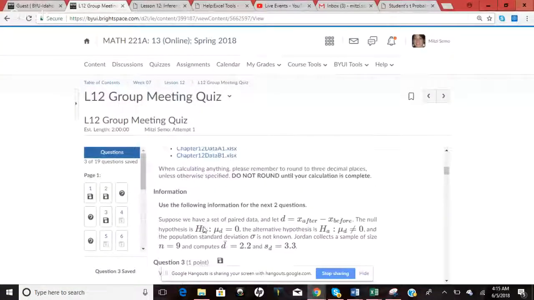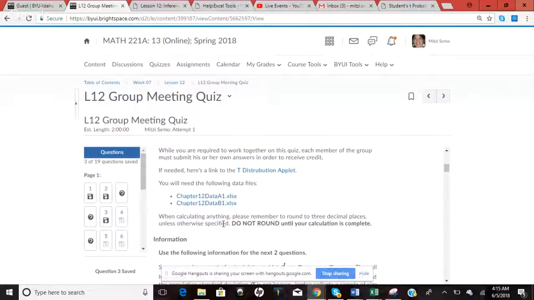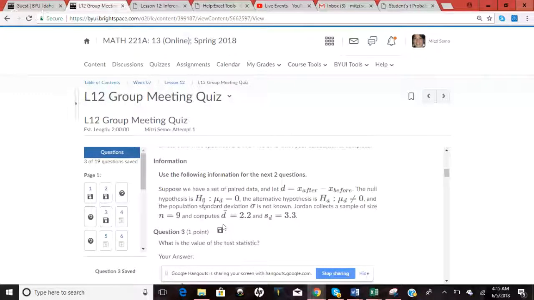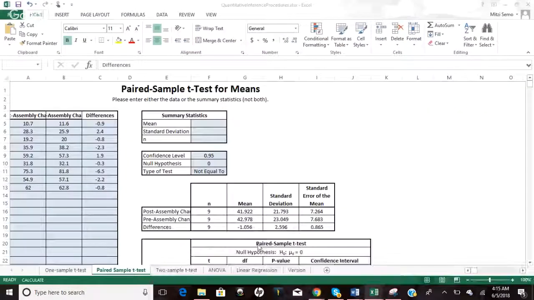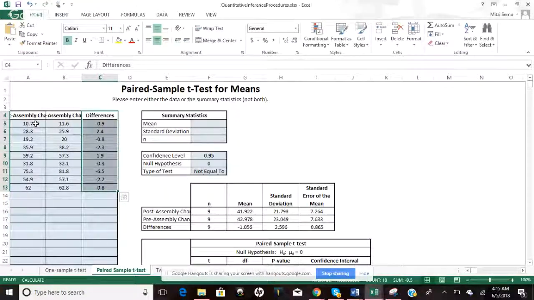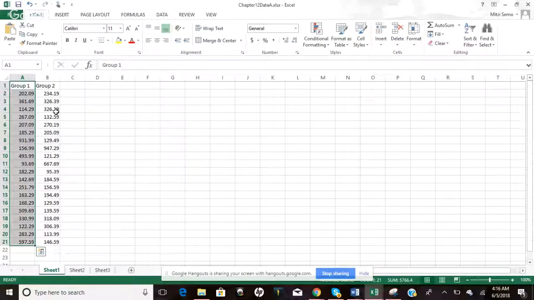I gotta go look down. If you need to use a link, you would need the following data files and calculate these. Okay, next question. All right, it's vague, but if we open this spreadsheet, quantitative inference procedures, I'm just gonna plug this in.